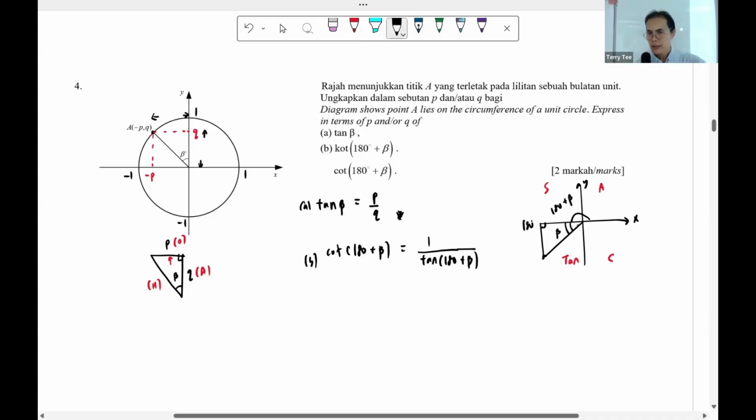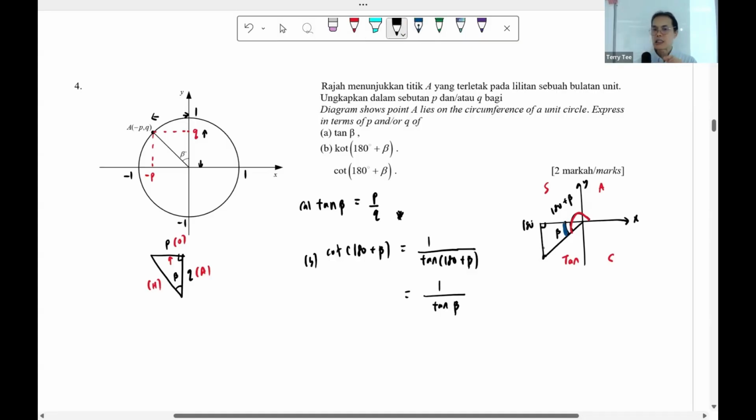So when you want to find this value, this 180 plus beta is your general angle. We have to express it in terms of your reference angle. Your reference angle is just beta, this small angle here. General angle is the whole thing, measured from here to here. Reference angle is this small angle here, which is beta. So we just read tangent beta.